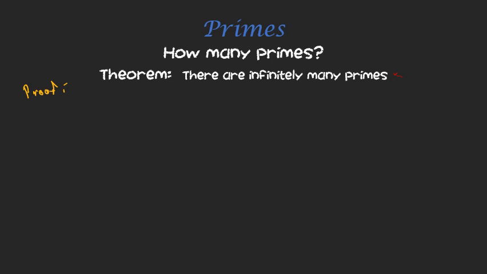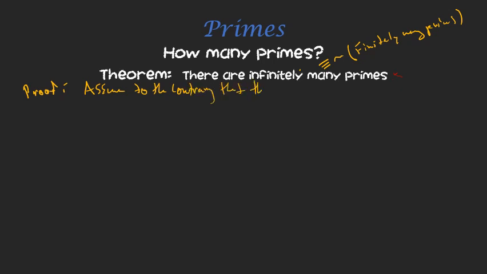So why are there infinitely many primes? How can we prove it? Let's go by contradiction. Infinitely many primes is the negation of finitely many primes. So assume to the contrary that there are finitely many primes.